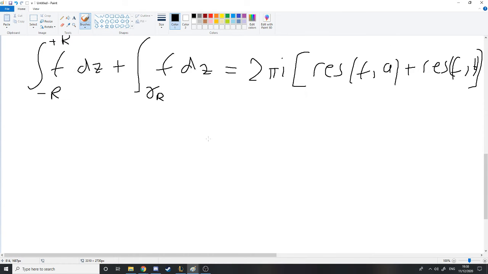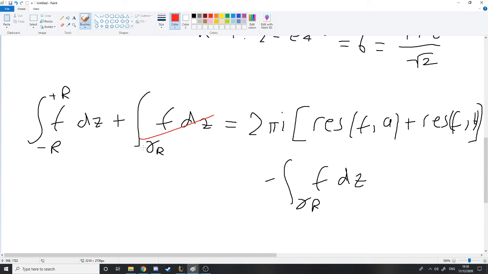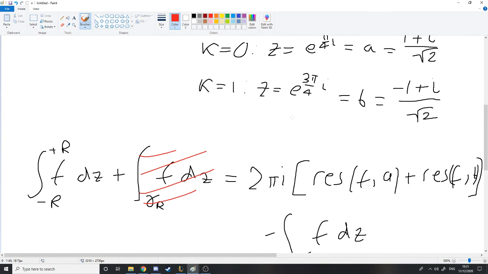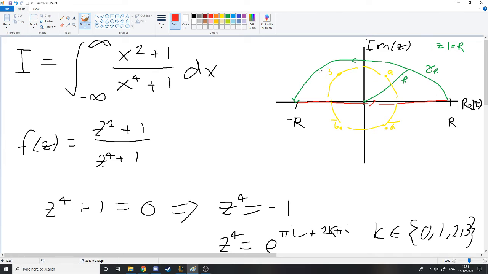First, we subtract this integral from both sides, and then we'll be left with the thing we actually want to find. So the integral on the real line is 2 pi i times the sum of the residues at A and B, minus the path integral over the semicircular path we've defined.